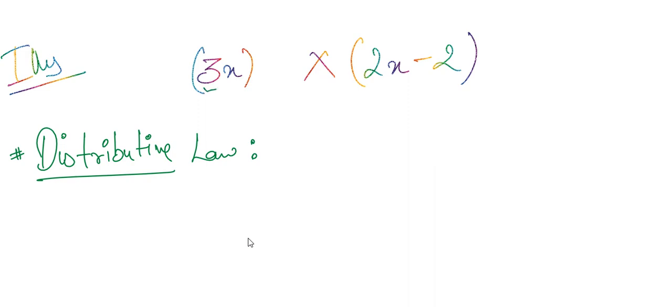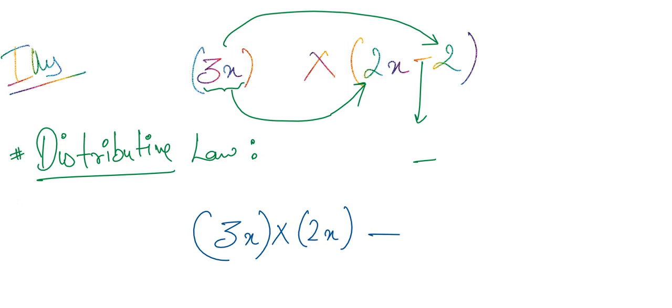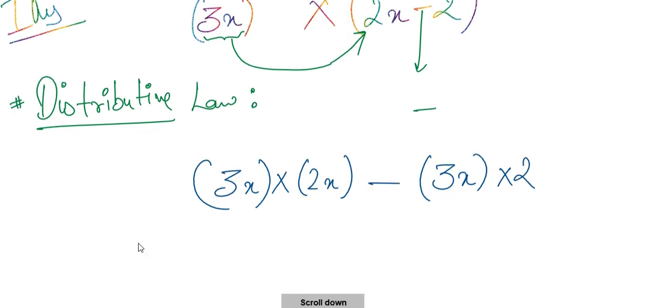If I'm multiplying 3x with this complete binomial, I would first multiply 3x with 2x, put the negative sign, then multiply again 3x with the remaining term you have. So here it would give me what? Can you just guess? 3x. I have told you to multiply with 2x alone, put the next sign which is given to you, and again multiply 3x with another term which is 2 here. So you would be getting this.